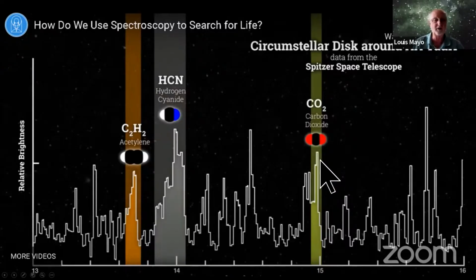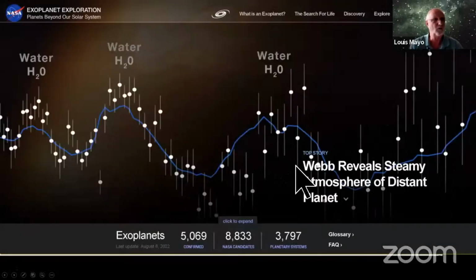So we look for biomarkers, we look for evidence of habitability, and of course, we look for water. And you all are real familiar with this by now. This is the James Webb Telescope spectrometer looking at an exoplanet. This was one of the first five pieces of data returned to the public a few weeks ago.